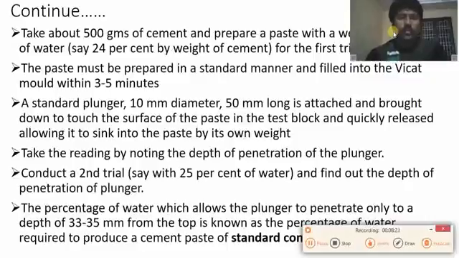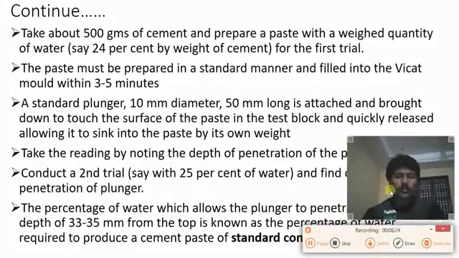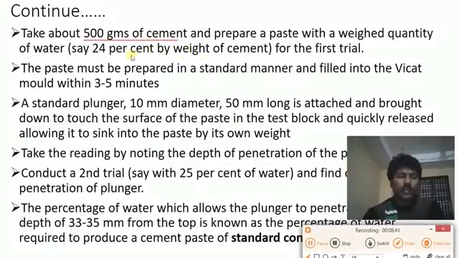So here, let us take 500 grams of cement and prepare a paste, means add some amount of water to this. Let us say in the starting, let us add 24 percentage by the weight of cement.